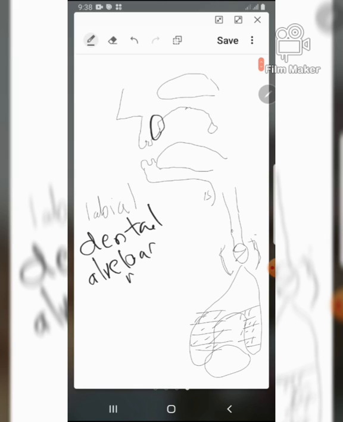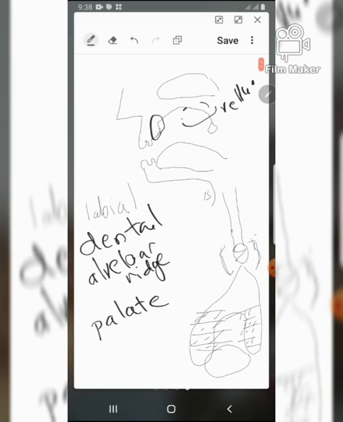When we use this hard part, it's called the palate, and this soft part is called the velum. Sorry, I will correct it: velum.